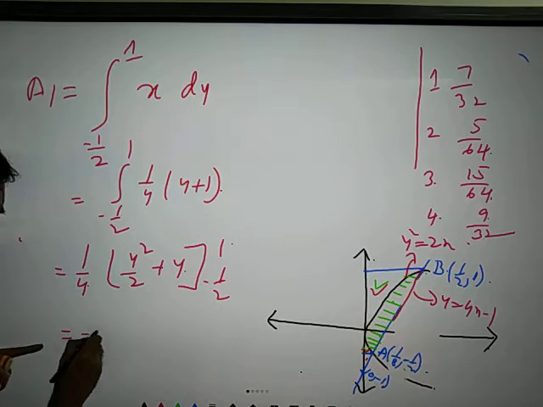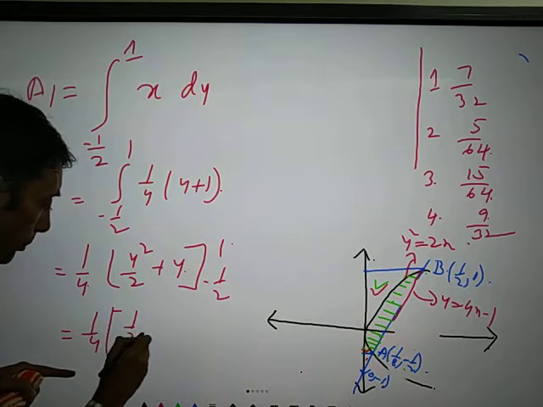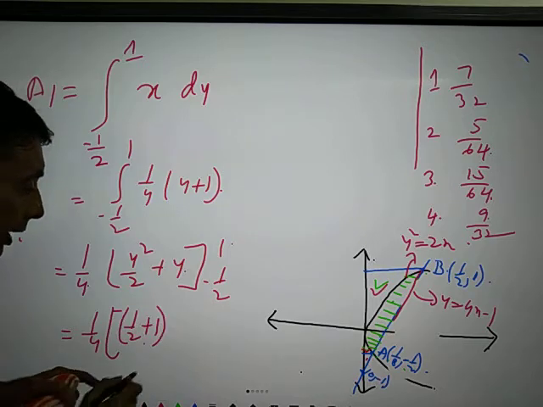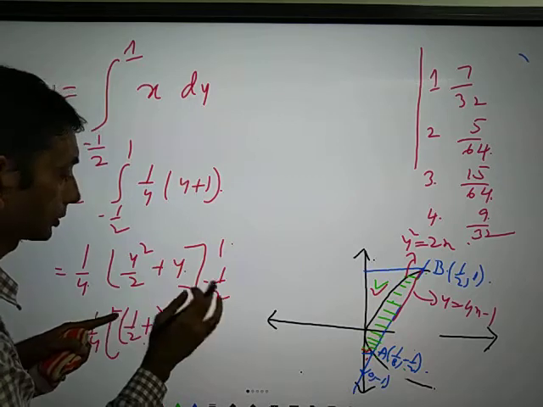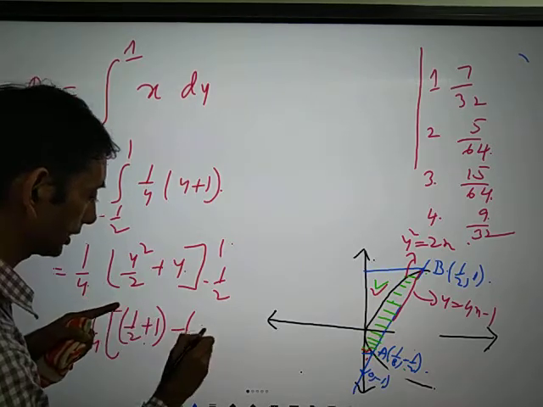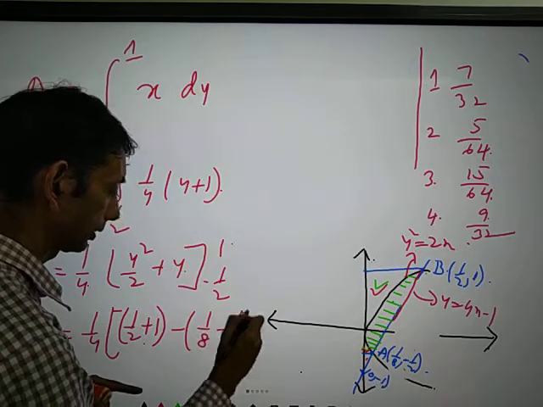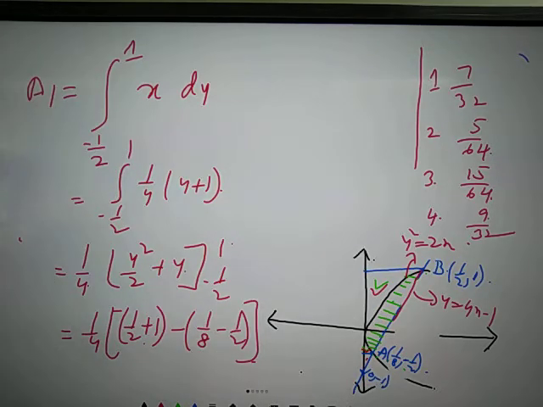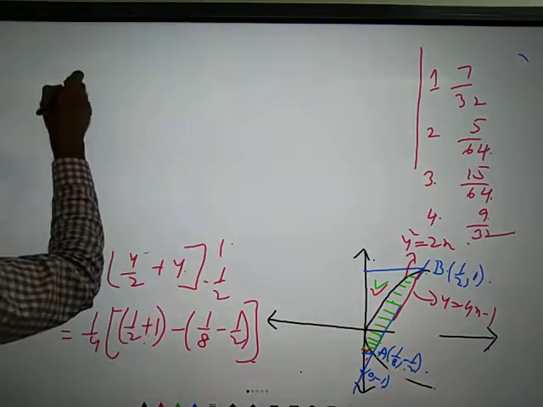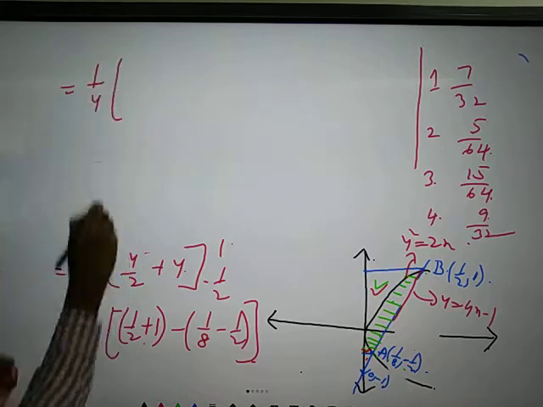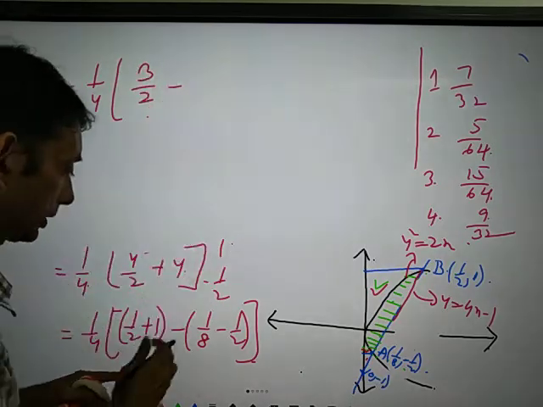Now 1 by 4, if you substitute 1, this is half plus 1, and then we substitute minus half. If you substitute minus half, y squared gives 1 by 4, 1 by 4 into 2, that is 1 by 8, and then the y value, substituting minus half. Let us simplify this. 1 by 4, half plus 1, that is 3 by 2, and a minus.